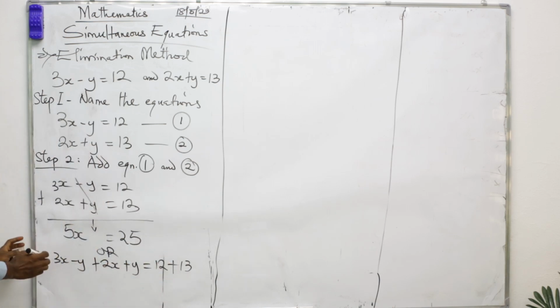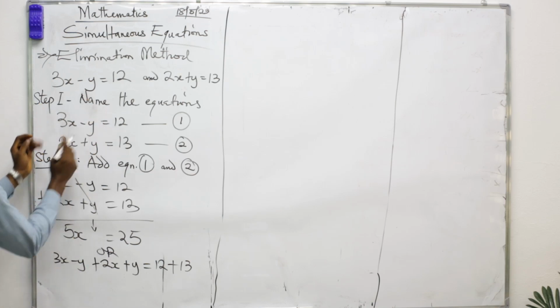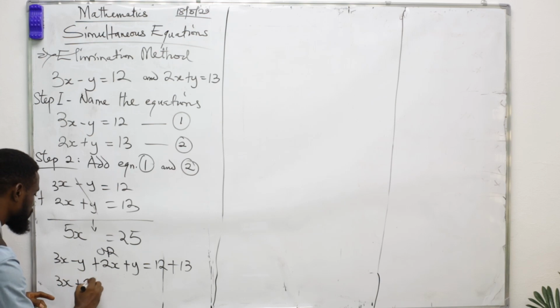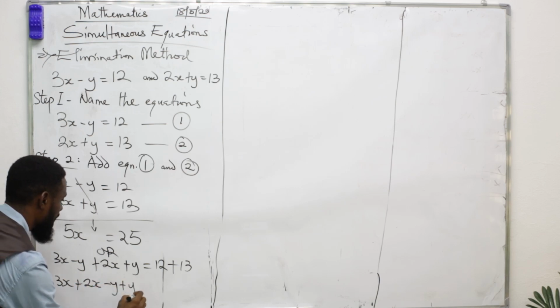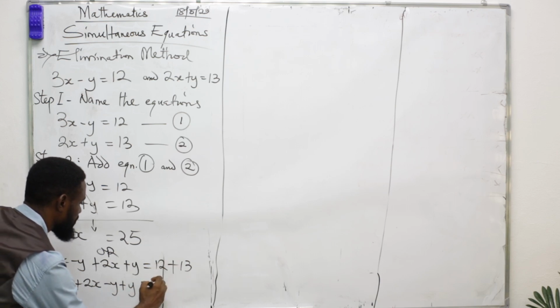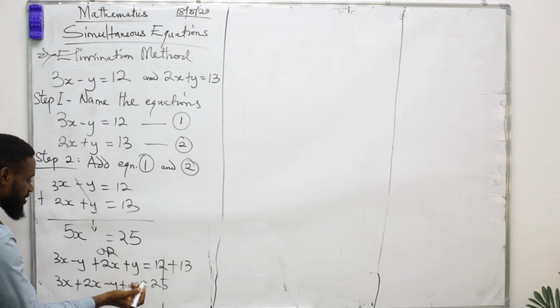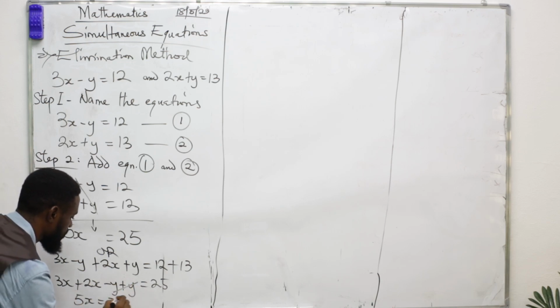I believe this should be clearer for you. I simply added this expression plus this expression. So if we take like terms, 3x plus 2x, minus y plus y is equal to, of course, 25. So minus y plus y cancels and we have 5x equal to 25.